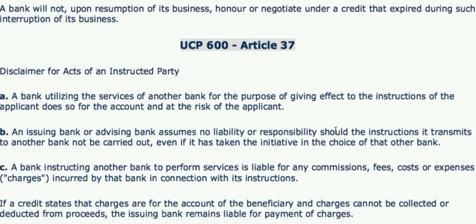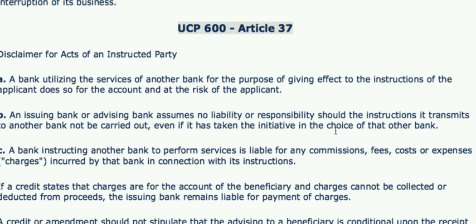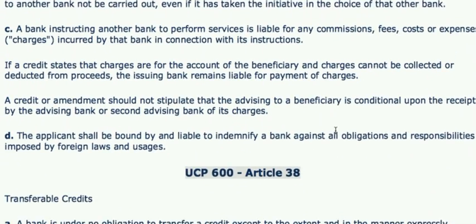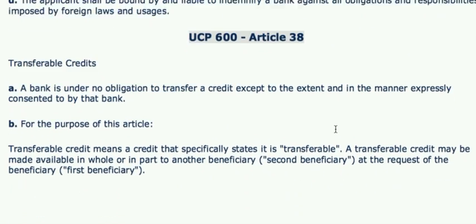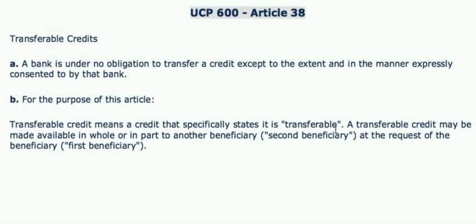Then Article 37, it's the disclaimer for acts of the instructed party. It means, again, if the instructed party makes any deviation, but all the documents are as per the terms of the credit, then the bank is very well within its rights to honor that. Then Article 38, it speaks about transferable credits.